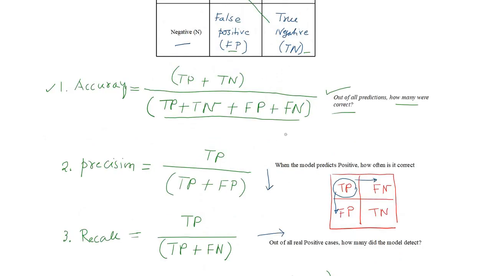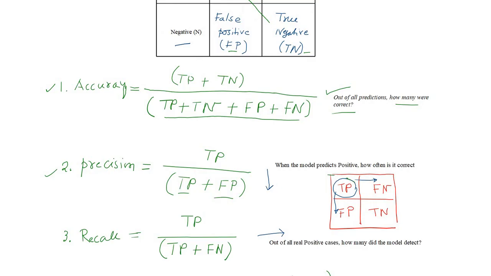Next is the precision. Precision is TP divided by TP plus FP. If you see the confusion matrix, this is your TP.